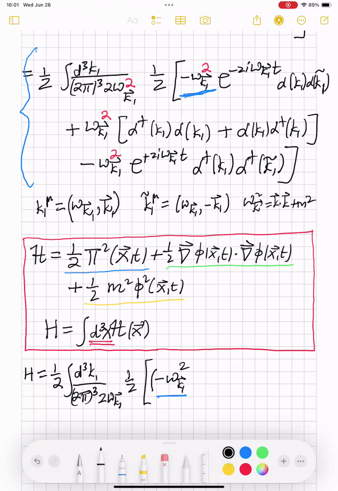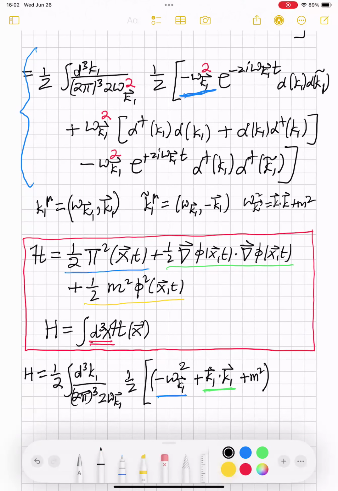And I'm telling you that if you go ahead and you evaluate this divergence of phi dotted into the divergence of phi, you will find plus K1 dot K1. So this comes from the divergence of phi dotted into the divergence of phi. And then if you add in the 1/2 m squared phi squared term, what you will have contributing is plus m squared.